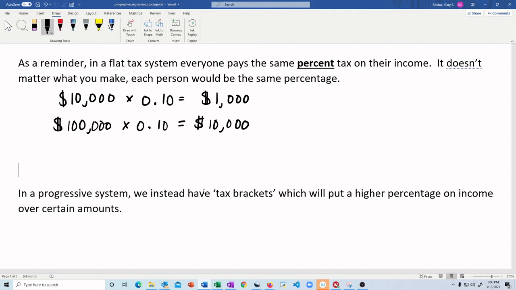I would guess if you went out and asked some people, they would either have no idea how the system works, or they would assume it works that way, where the bracket determines what you pay for your whole income. That's not how this works. It's more complicated than that, but it's really not too bad if you do it a few times and get a feel for it.